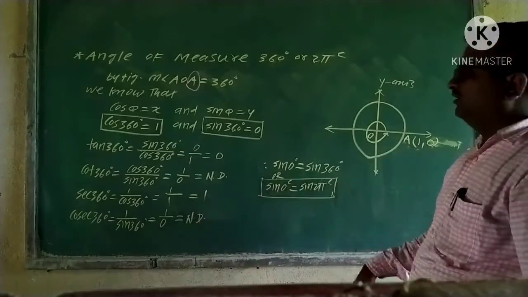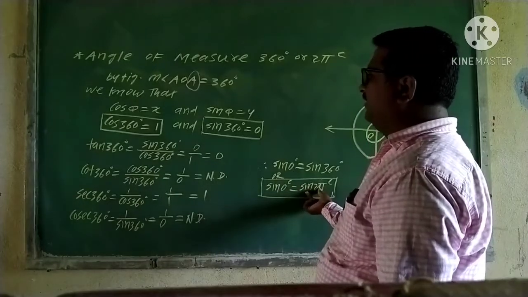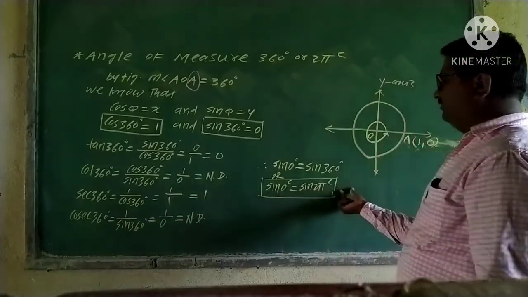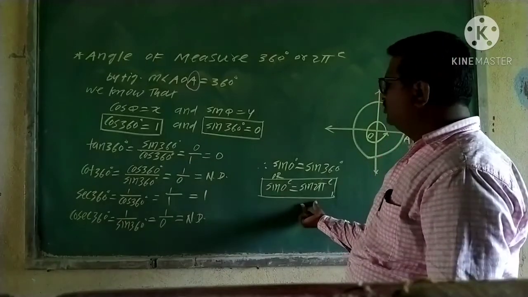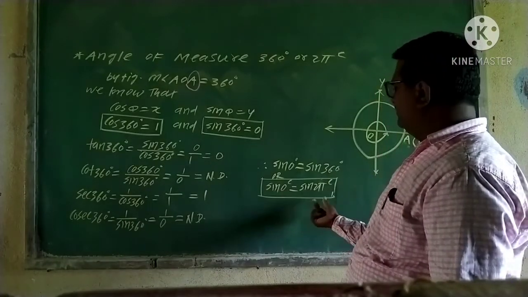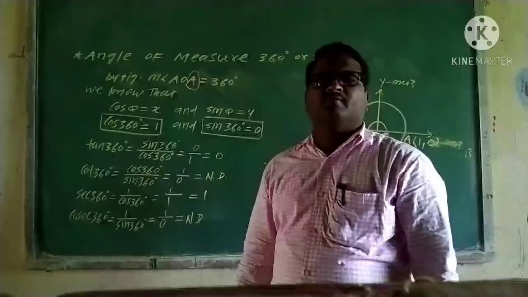Here sine of 0 equal to sine of 2 pi, that is 0, cos of 0 equal to cos of 2 pi, that is 1, and similarly so on.